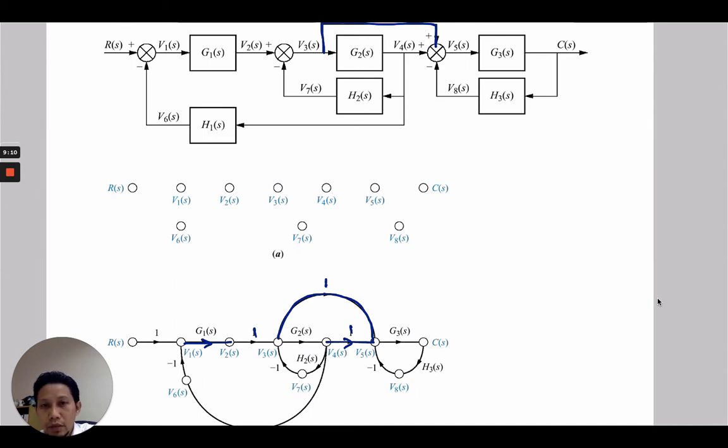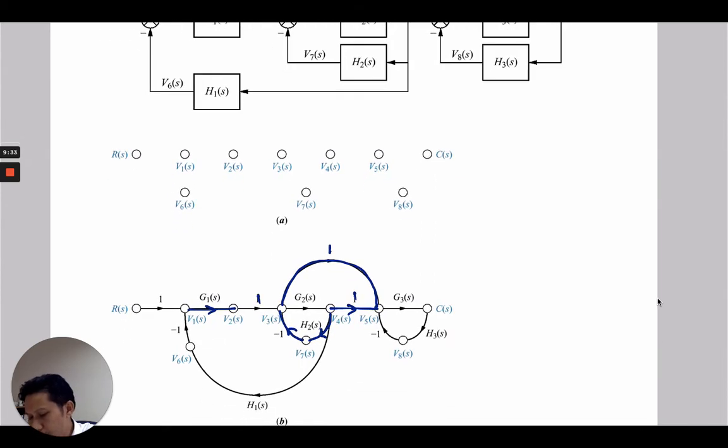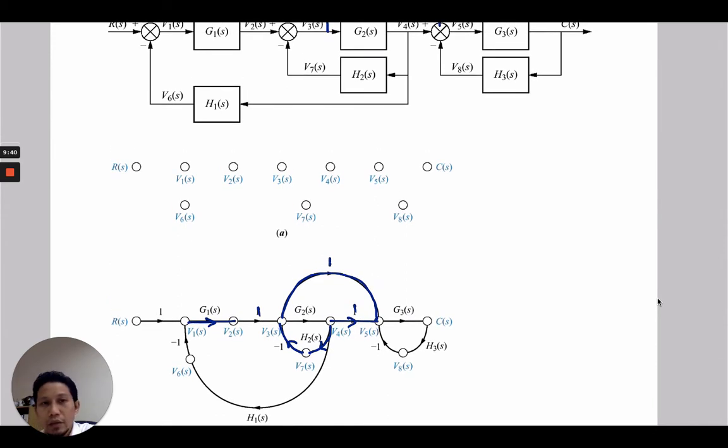And then we have a V3 and V4 connection as well, but this time around we have a feedback. The feedback is H2 and negative 1. Next, we have a connection between V5 and C. The connection is G3 and a feedback of H3 and negative 1.